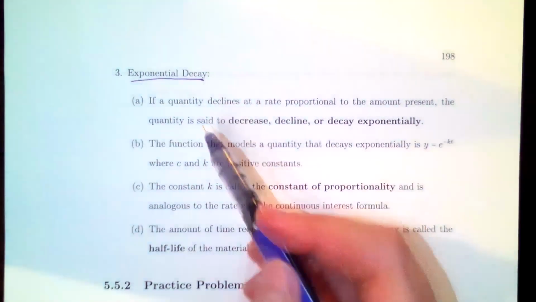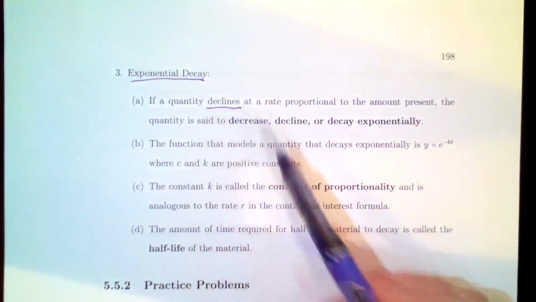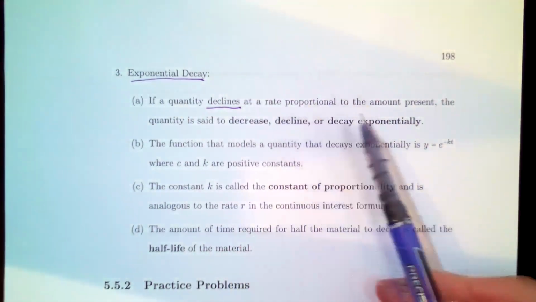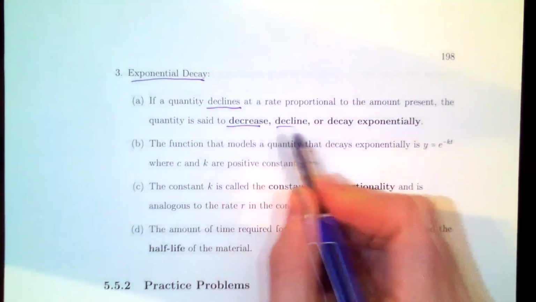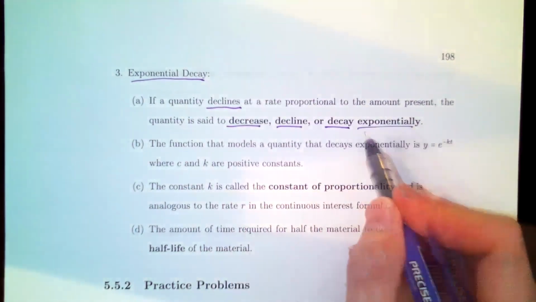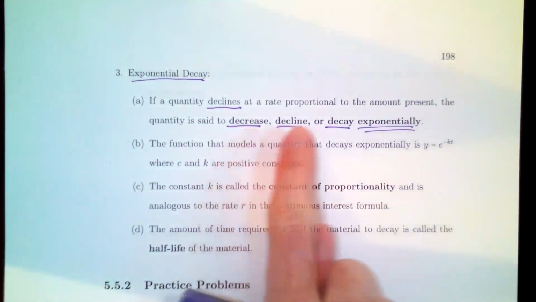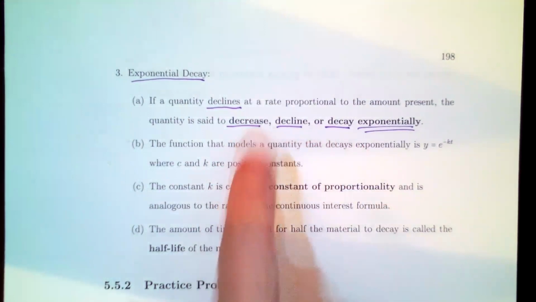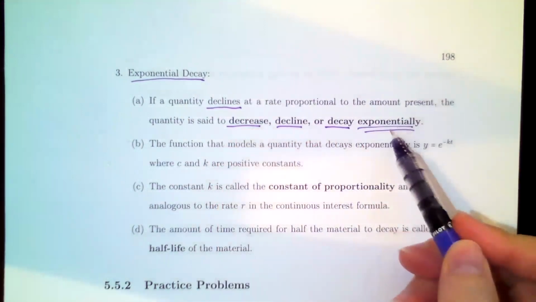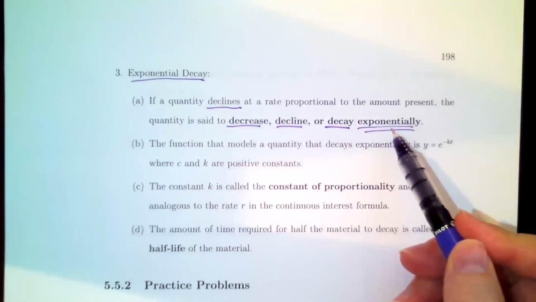So anytime you have a quantity that declines or goes down at a rate proportional to the initial amount present, that is said to decrease, decline, or decay exponentially. So you can use these three words interchangeably. Decay means decline, which means decrease, but it's going down in this exponential sort of way.